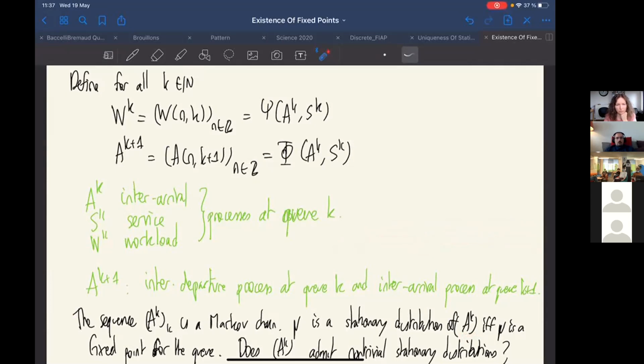And of course, the reciprocal is always true. So we can reformulate the question now. The question, are there any non-trivial fixed points for the Q, is equivalent to the question, does the Markov chain A_K admit a non-trivial stationary distribution?